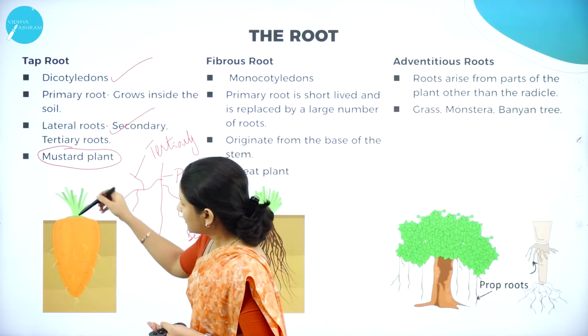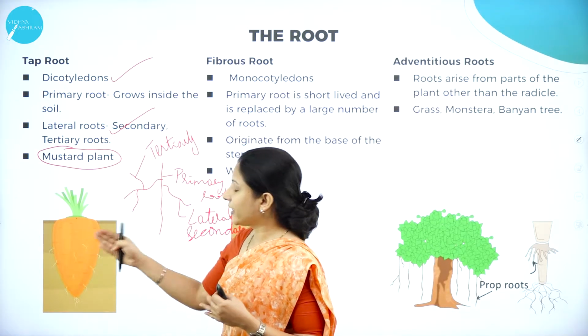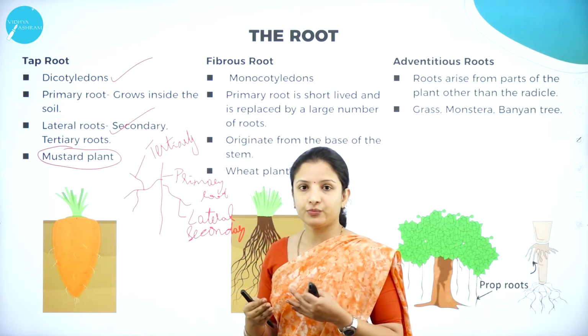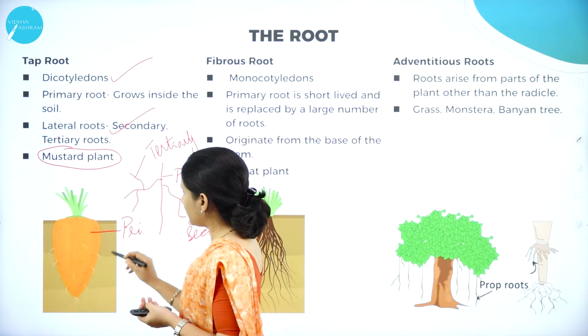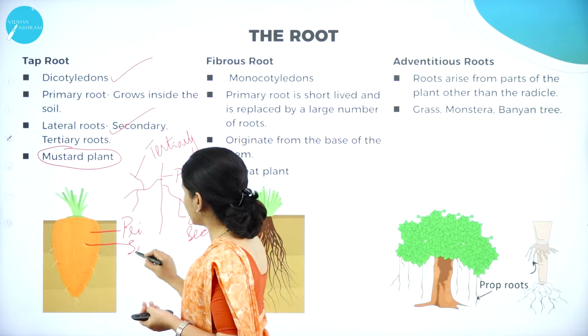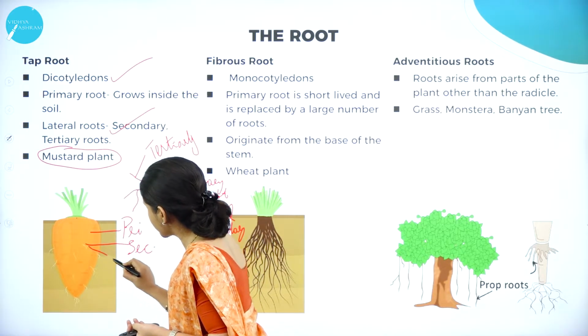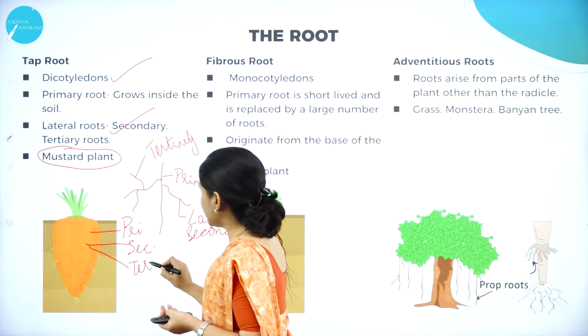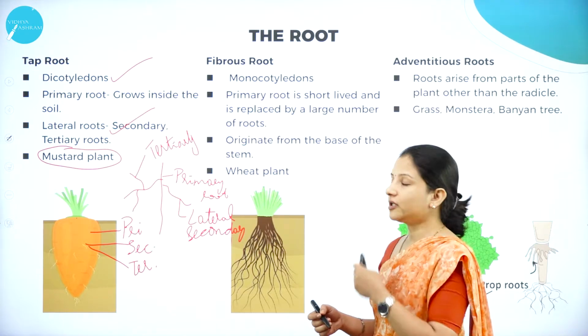As you can see, this is a modification wherein the taproot has got modified into a tuber. This is the primary root, and from it there are small secondary roots, and from these secondary roots tiny tertiary roots are formed. This is the best example for a taproot.